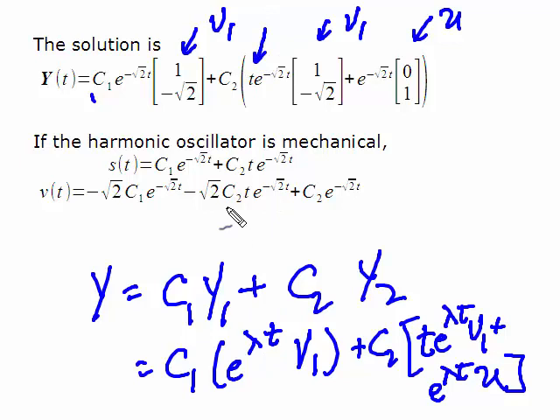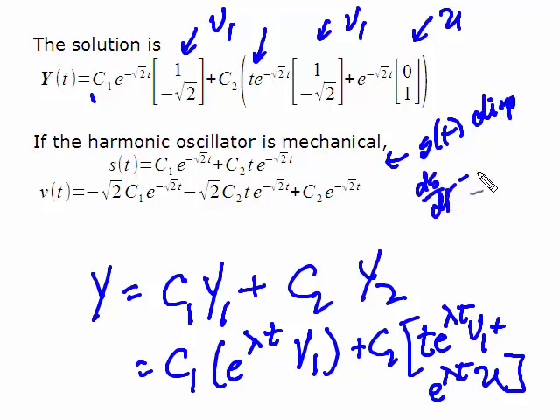If this is a harmonic oscillator, say it's mechanical, then x of t is displacement, and then the derivative is velocity. So here are the solutions.